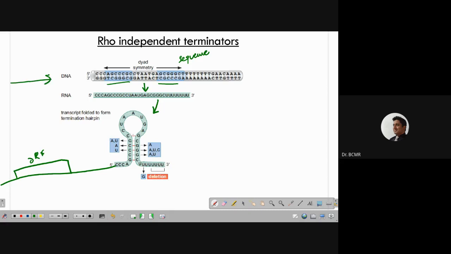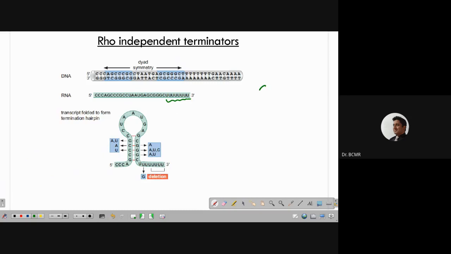Now at this end, when a hairpin loop is formed and RNA polymerase is something like this here, because of this hairpin loop, the RNA polymerase will stop polymerizing further. Also, if you notice, you have multiple U's here, poly U. Why not poly T or why not GC?